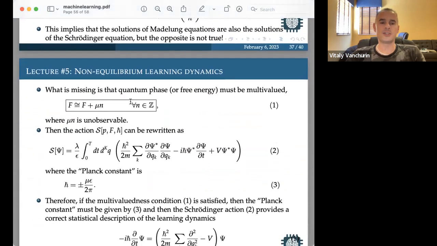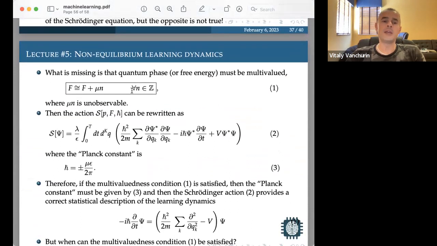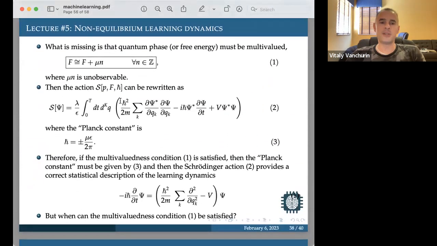But how can we make that shift? If we do make this shift, then whatever plays the role of h bar in physics, which you may also know measures the quantumness of a system, will now be related to that shift.